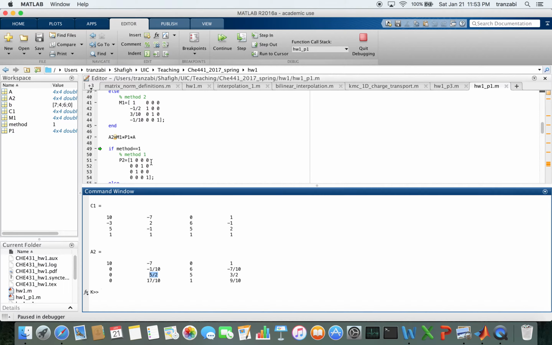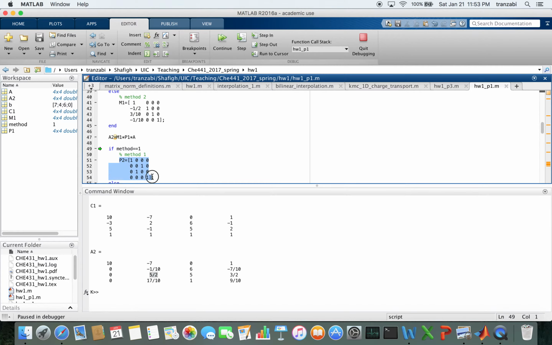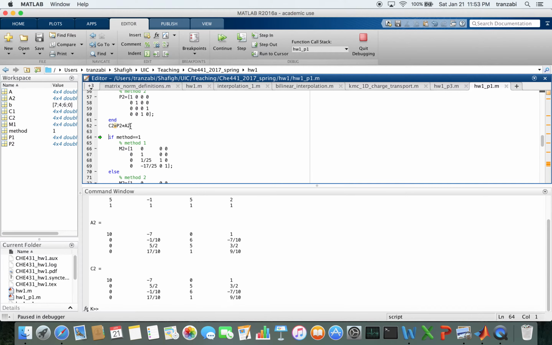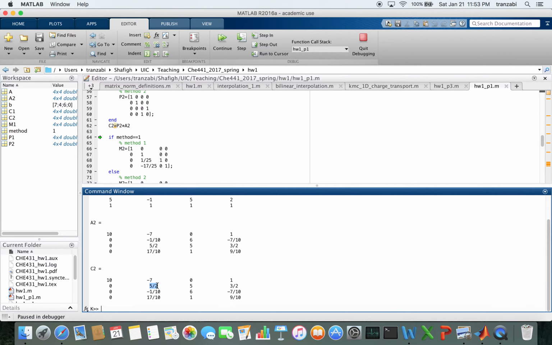To do that, we have this permutation matrix, which switches row 3 and row 2. Now we multiply the resultant matrix by P2, and we can see that the maximum element is now on the diagonal, right?